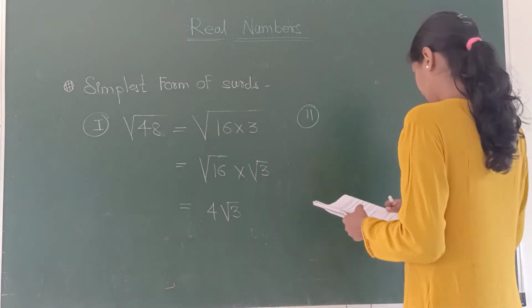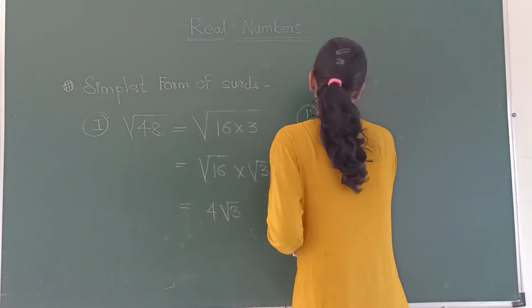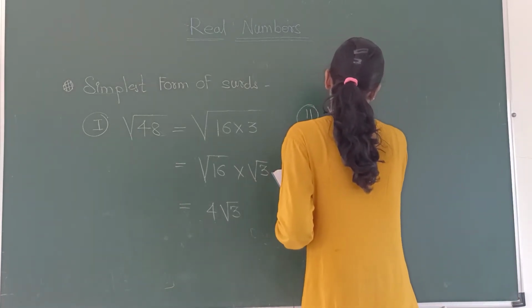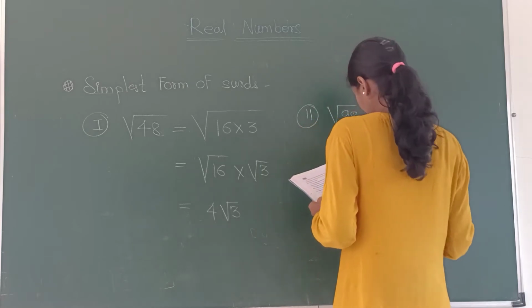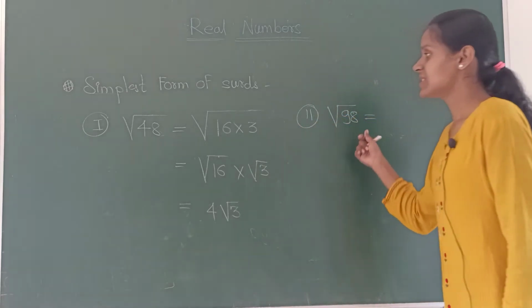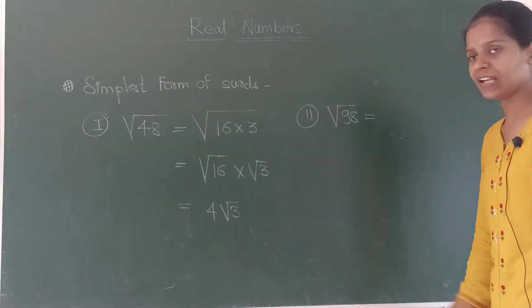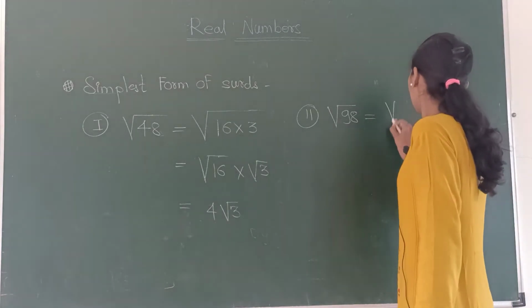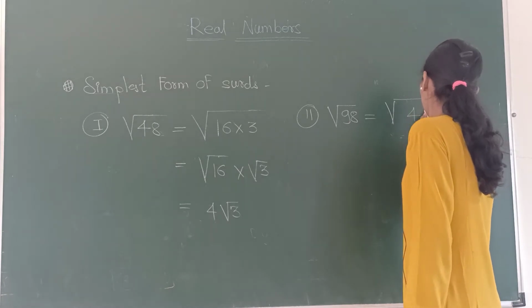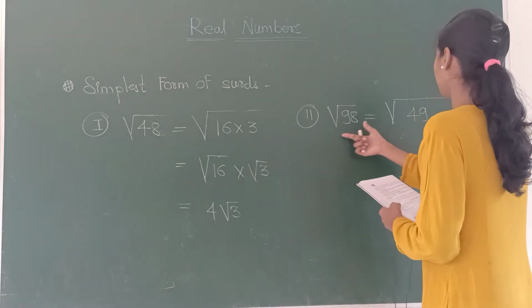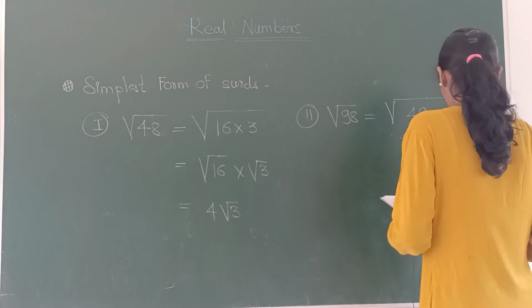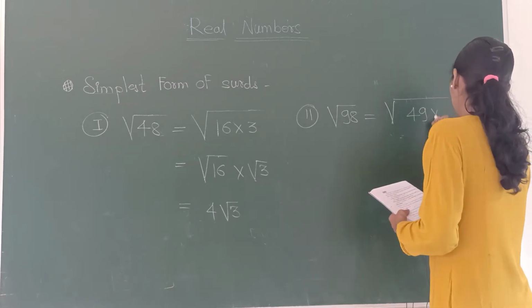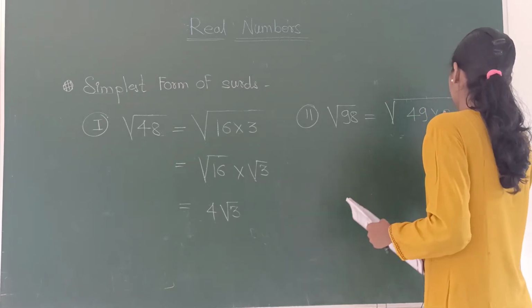We will take another example, that is under root of 98. If we take this second example, under root of 98, we can simplify this further too. What will it be? Under root of 98 can be simply written as under root of 49 into 2.